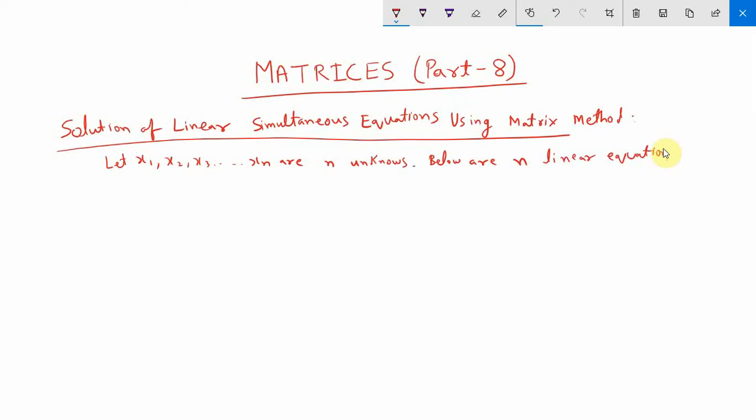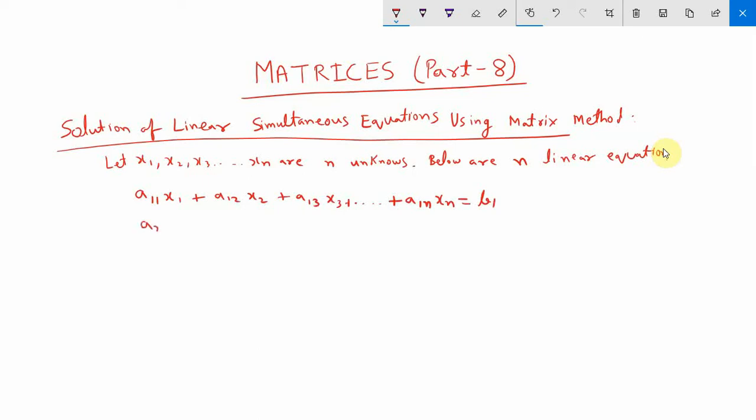Okay. So linear equations we will assume as a11x1 plus a12x2 plus a13x3, similarly, the last one will be a1n xn, since there are n number of variables, equal to, let it be b1.